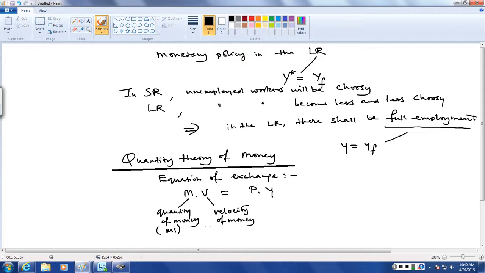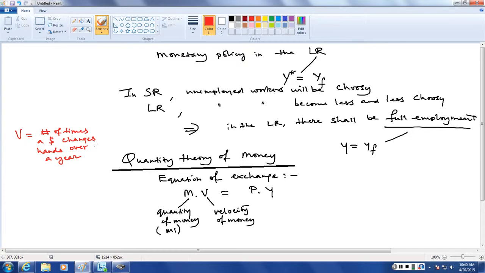And what is the velocity of money? V is basically the number of times a dollar changes hands over a year. So V is a measure of roughly the number of times a dollar bill in our economy changes hands over the course of a year.